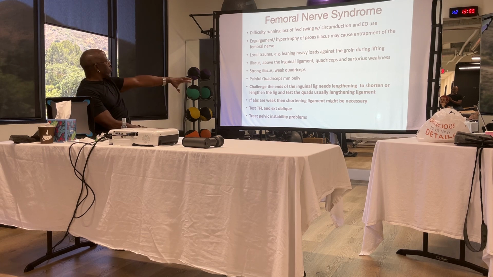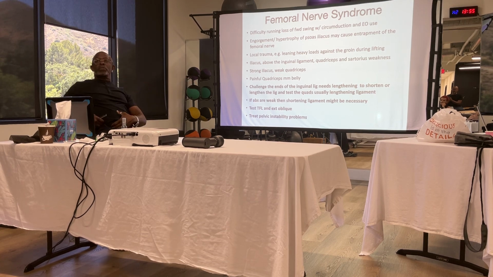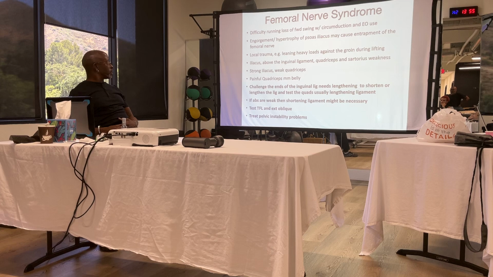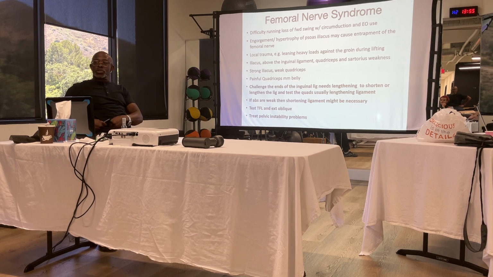You can also treat the abdominal wall because that inguinal ligament is the bottom part of the abdominal wall. It's just a folded remnant of the abdominal wall. So any exercises that will strengthen the abdominal wall are going to be used, especially in addition to treating the ligament if it is too tight.